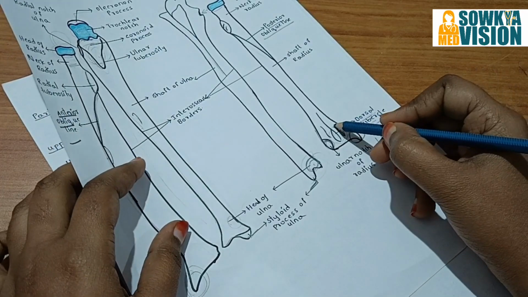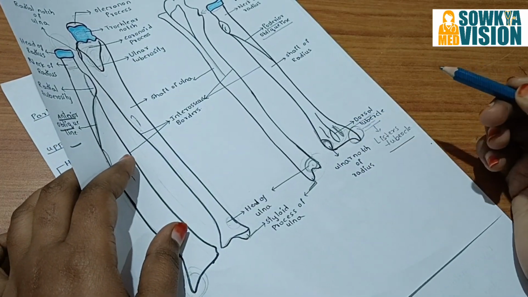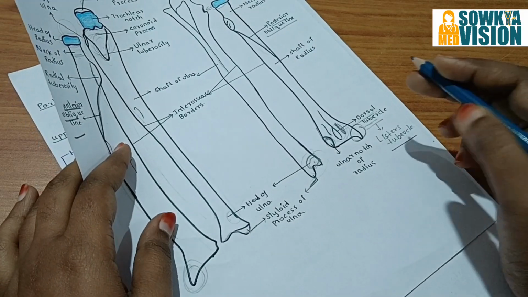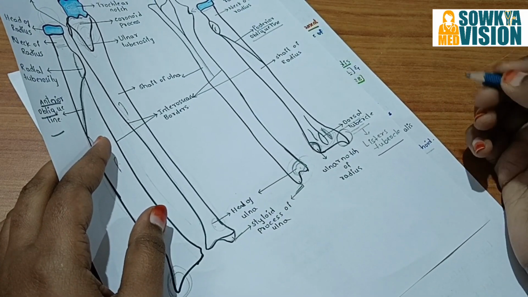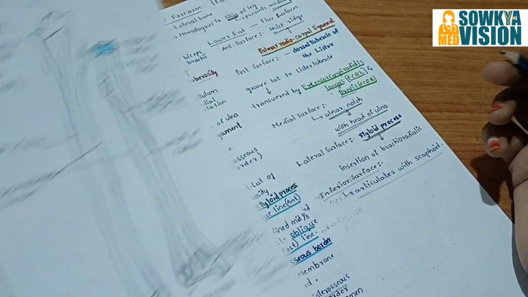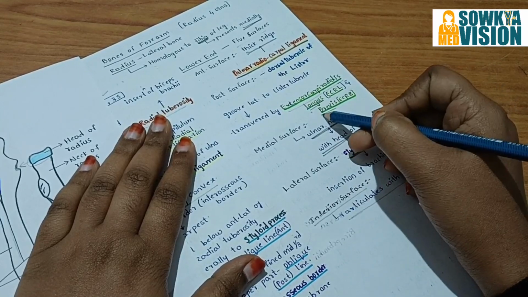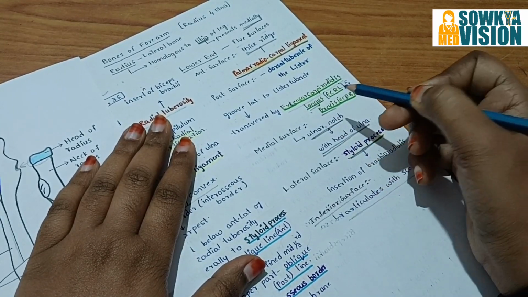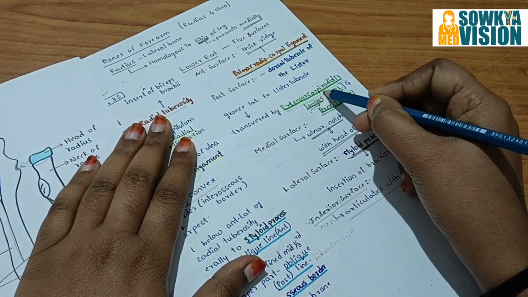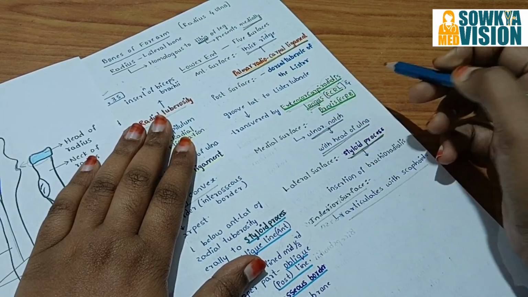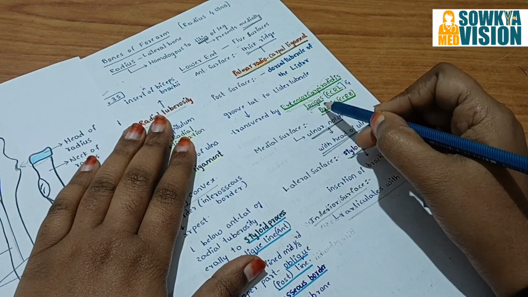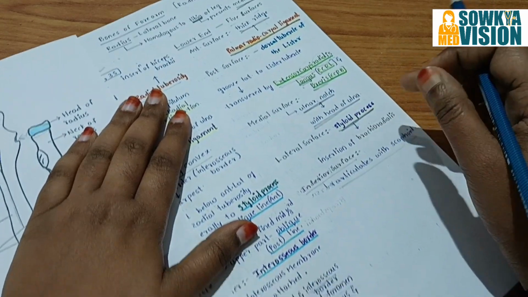Lateral to the dorsal tubercle, there is a groove for the passage of tendon of extensor carpi radialis longus and brevis muscles. Longus means long muscle, brevis means short muscle.